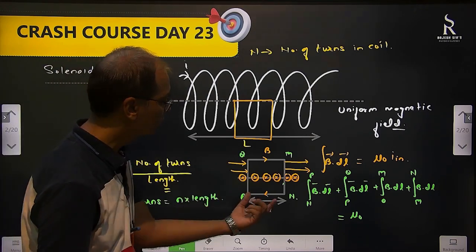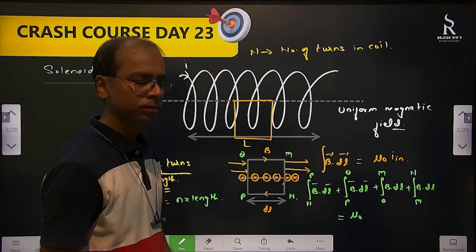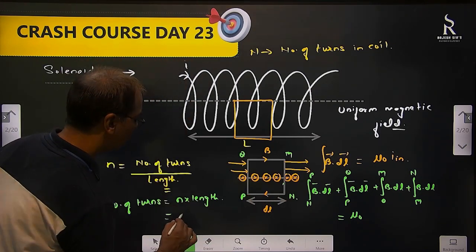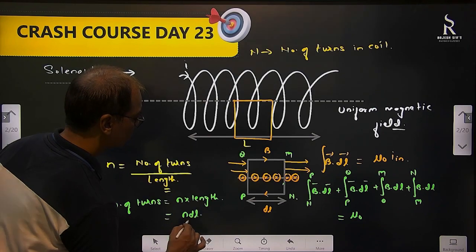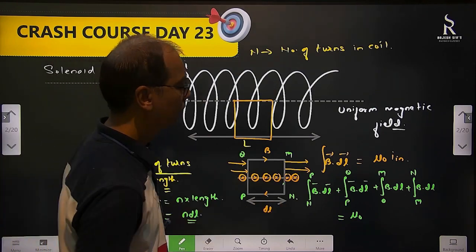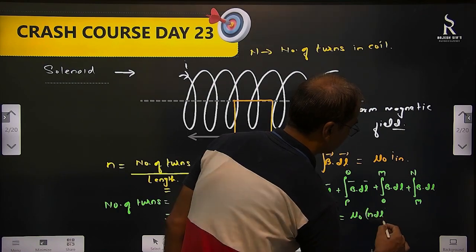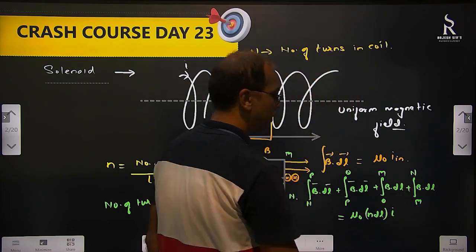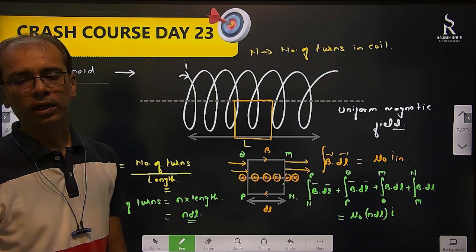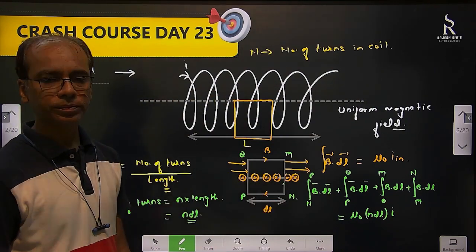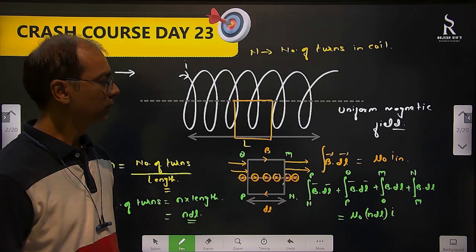The length of solenoid we have considered is dl. So we'll write number of turns as n dl. And each one is carrying current I. So mu naught n dl into I. We write that. Done.